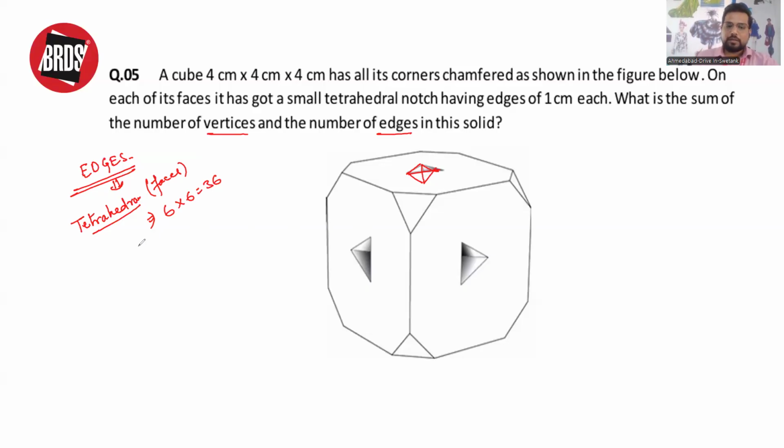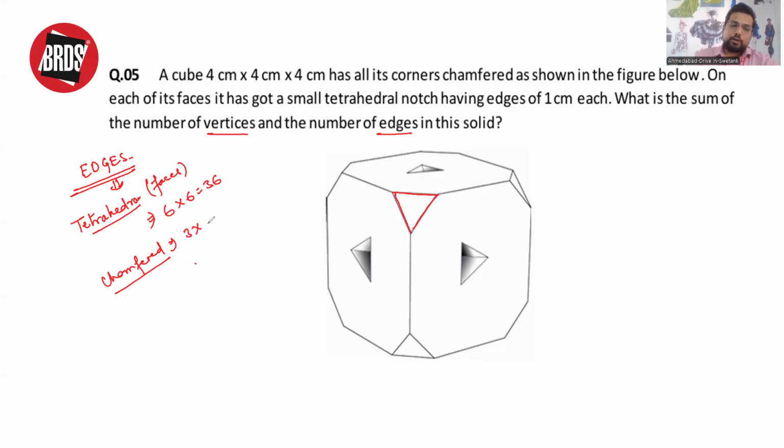So we have counted them all. Then let's talk about the chamfered space at the corners. All the corners that have been chamfered, we will talk about that one. So we will get 1, 2, 3.